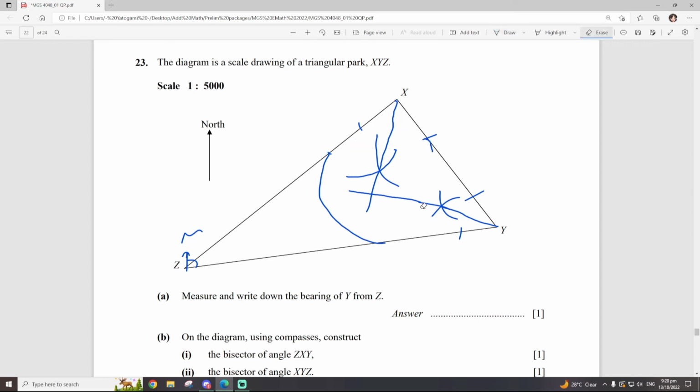And if you do it well, you will get a nice circle, and the center will be there. So once again, this is called the incircle, and constructing angle bisectors is one of the ways to locate the center of the incircle.